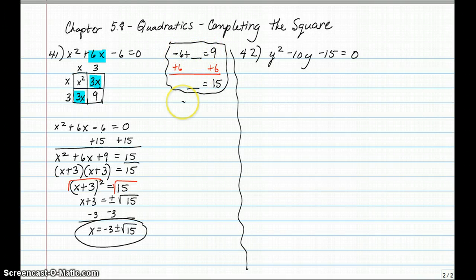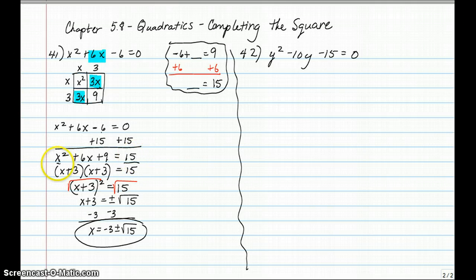If you don't know that number, you can just add 6 to both sides, and then you'll have the number that you're looking for left, and 9 and 6 is 15. So you have to add 15 to both sides. So it's x squared plus 6x, negative 6 and 15 is 9. There's your perfect square trinomial. And then 0 plus 15 is also going to be 15.